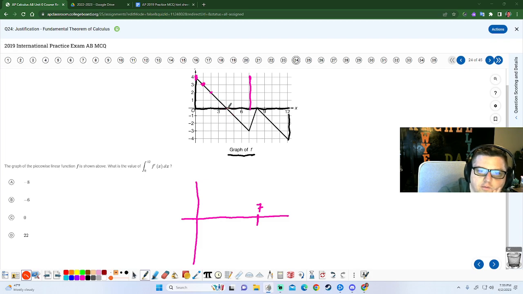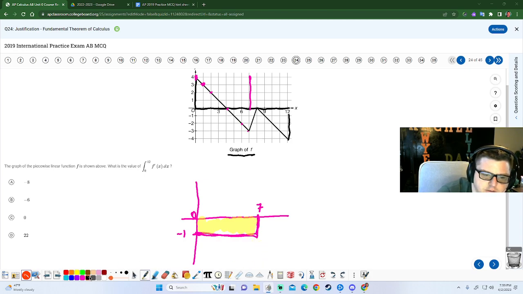What they're looking for is the slope of this line. You could pick a bunch of points, or you could just go down one, to the right one, and we would know that that is -1. So from 0 to 7 it is going to be -1, and we can calculate this area in this box fairly easily.